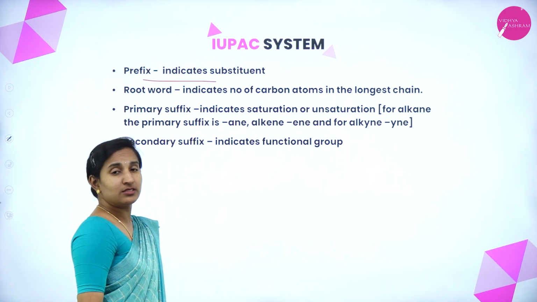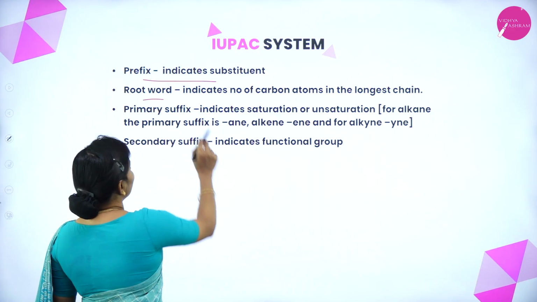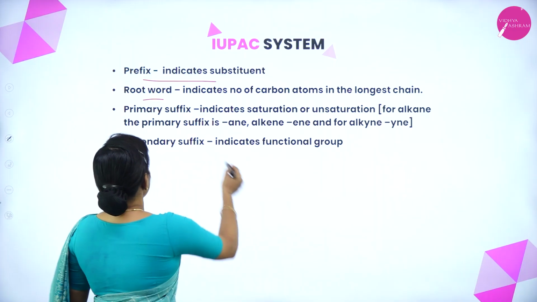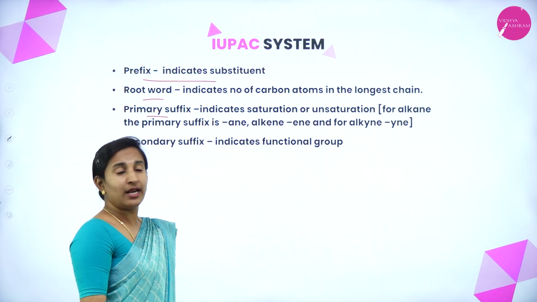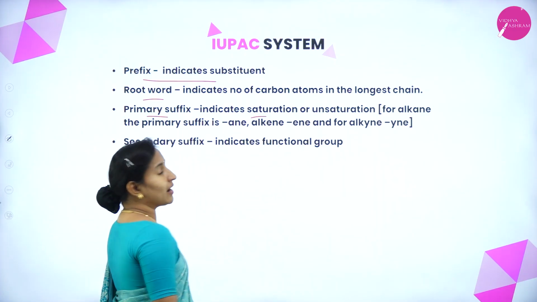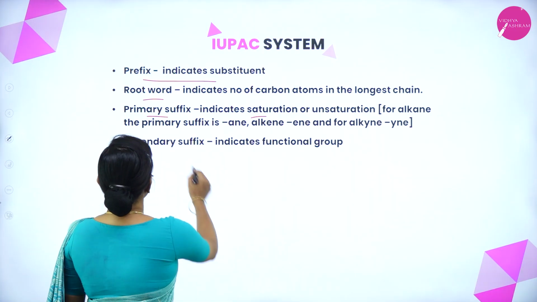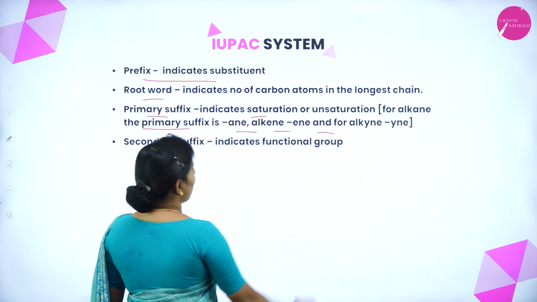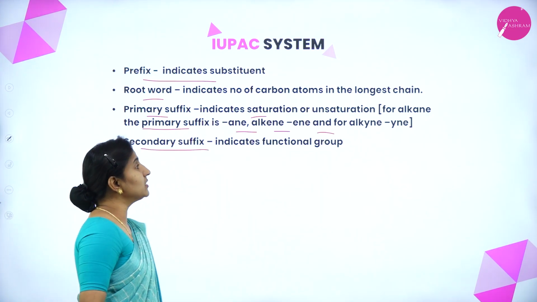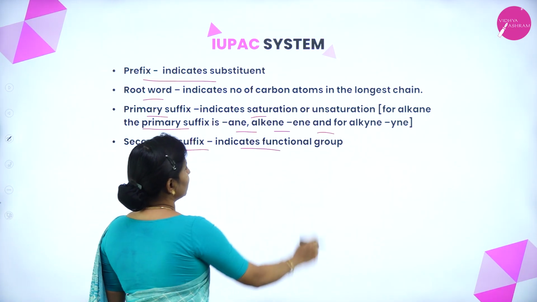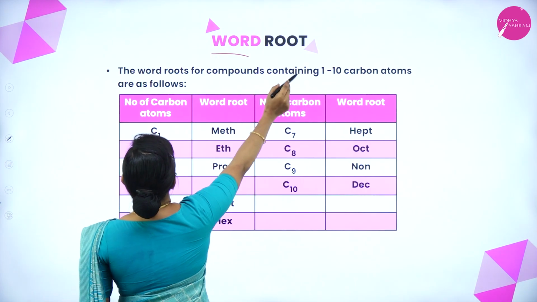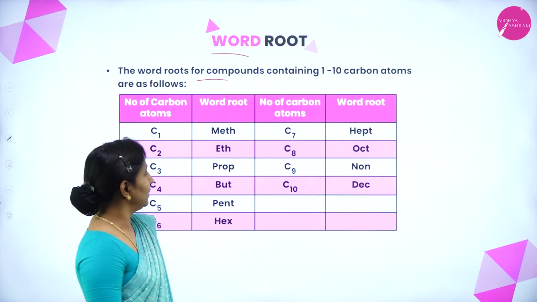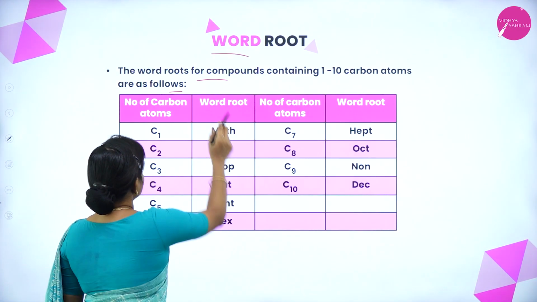Prefix indicates the substituents. The root word indicates the number of carbons present in the longest chain. The primary suffix indicates saturation or unsaturation: ane for alkane, ene for alkene and yne for alkyne. The secondary suffix indicates the functional group. The root words for compounds containing 1 to 10 carbon atoms are as follows.